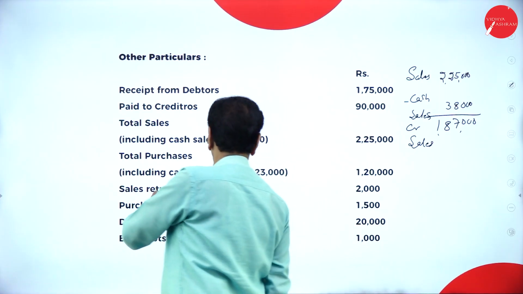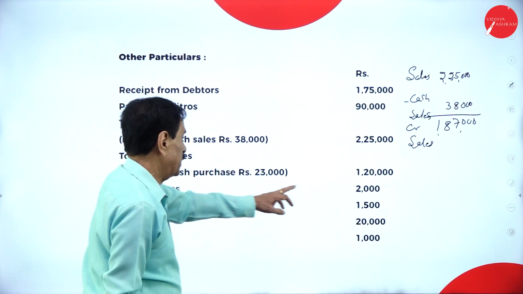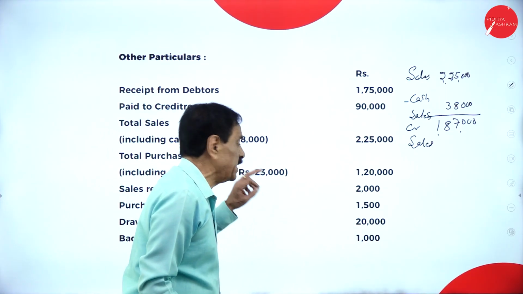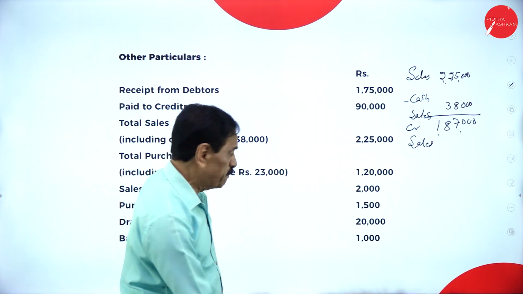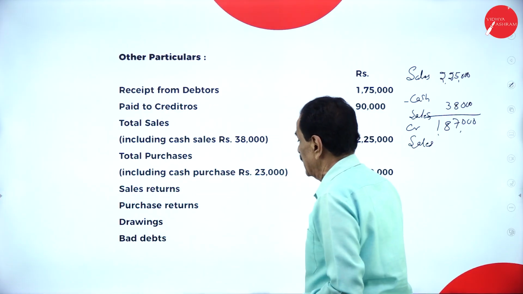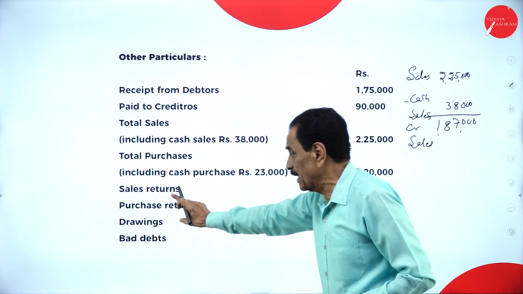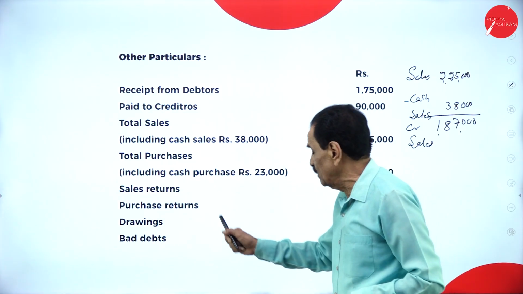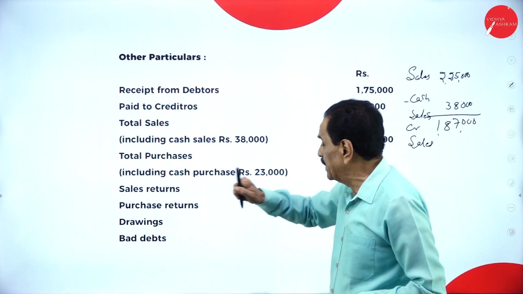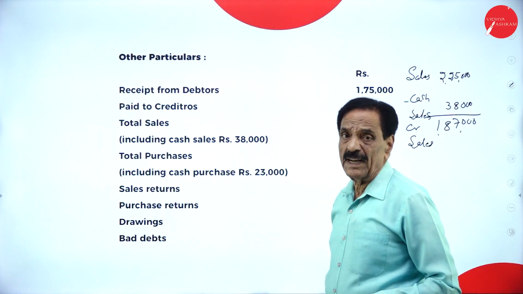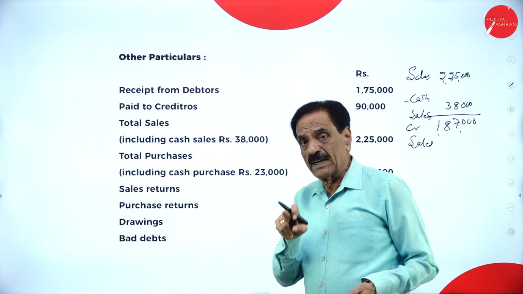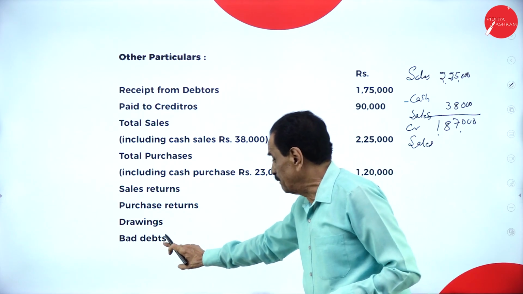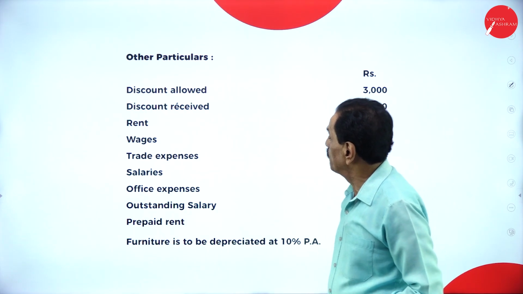So the same thing goes to purchases. Total purchase 1,20,000, deduct 23,000, remaining is credit purchases. Then sales return will come in the debtor account. Purchase return will come in creditor account. Drawings in the cash book and deduct from the capital. Bad debt will come on the debtor account credit side and profit and loss account debit entry.